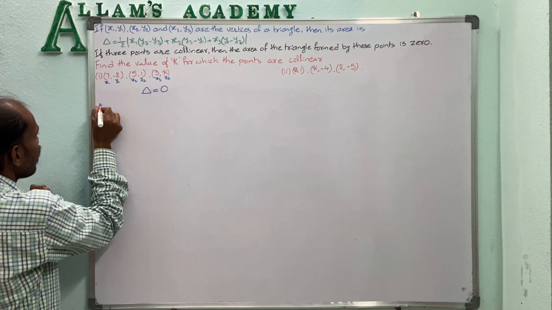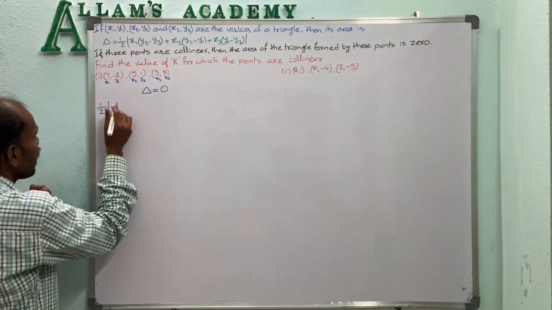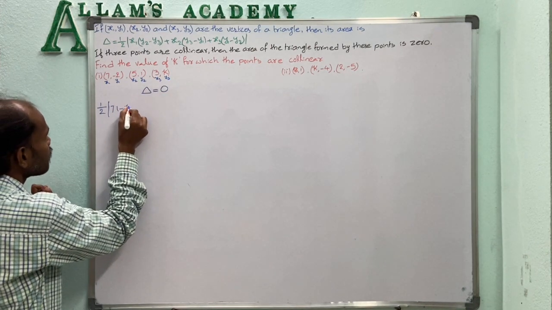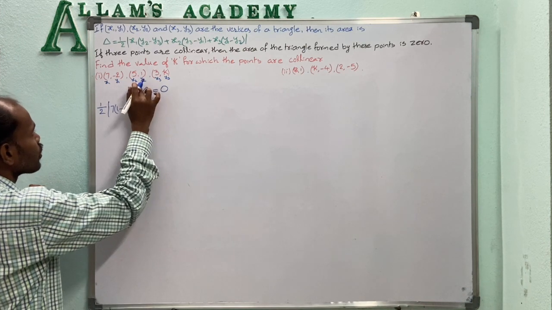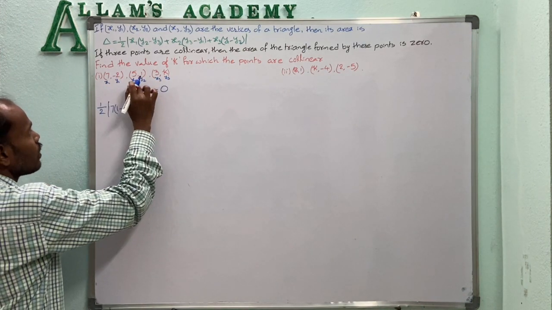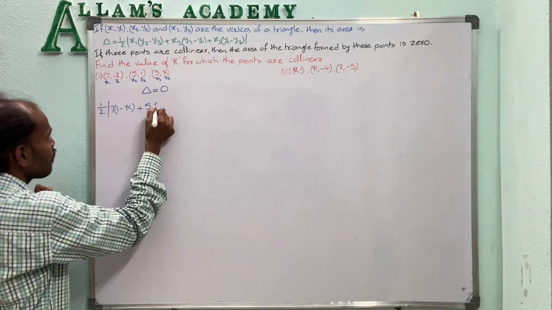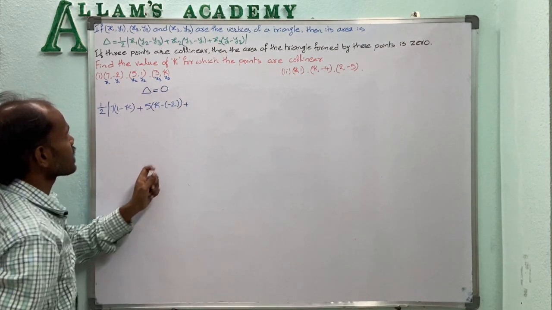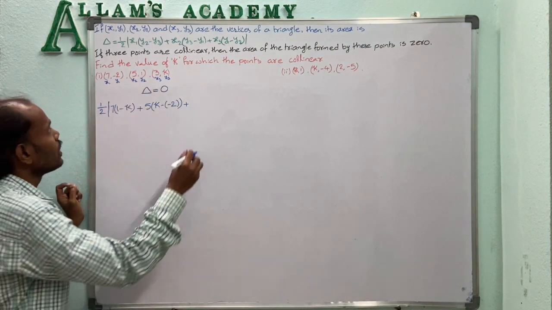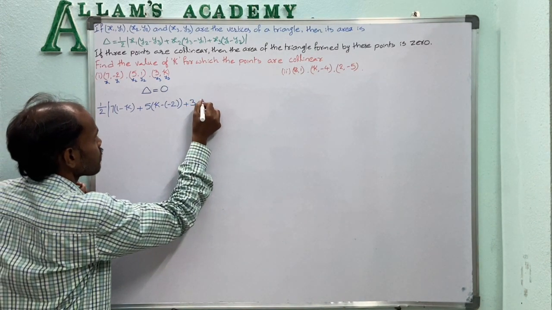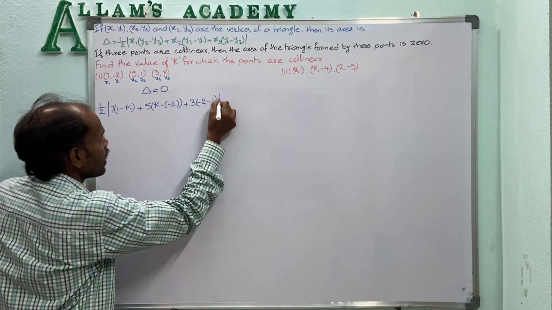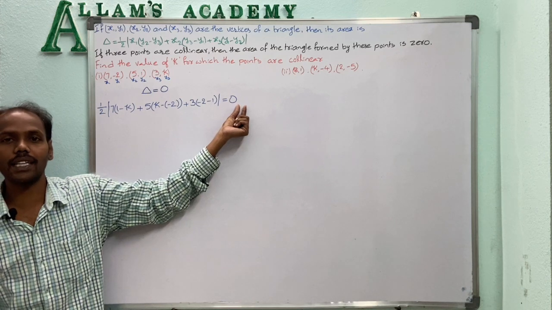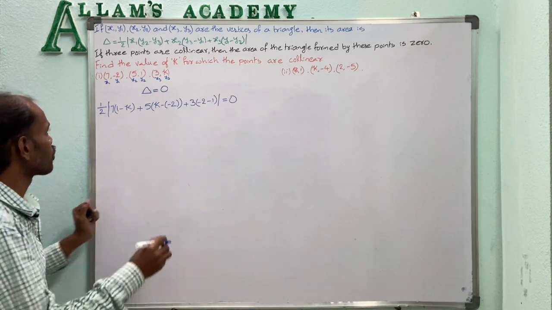That is half mod x1, 7 into y2 minus y3, 1 minus k, plus x2 into y3 minus y1, so 5 into k minus minus 2, plus x3 into y1 minus y2, 3 into minus 2 minus 1, is equal to 0. Now the division transfers to the RHS as multiplication, that is 0 into 2.